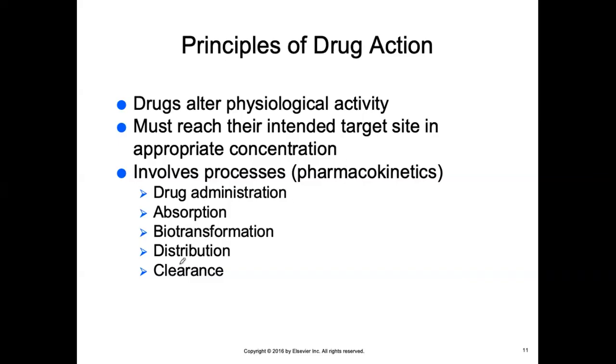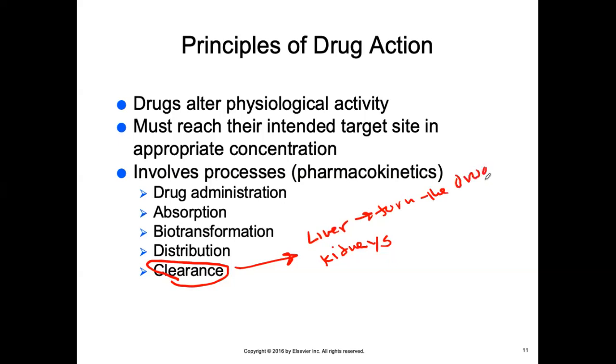This is a very important point. Clearance is always going to involve your liver and your kidneys more often than not. The liver is going to turn the drug into a water soluble form.